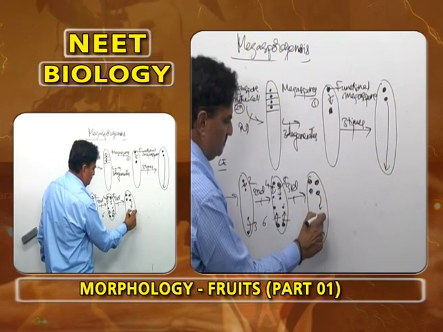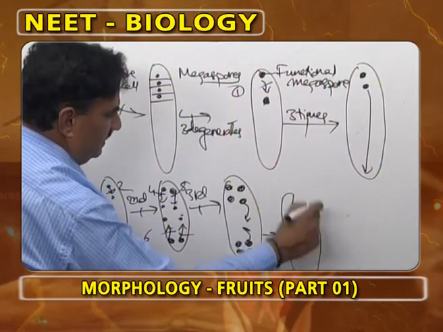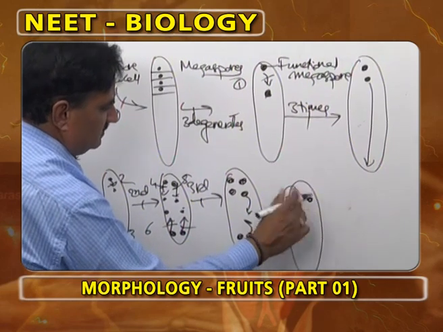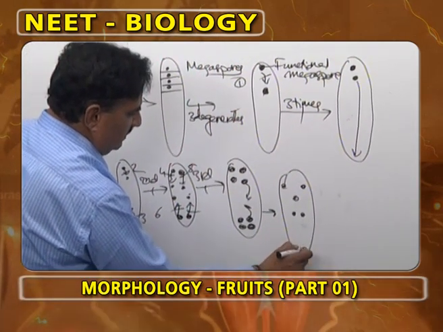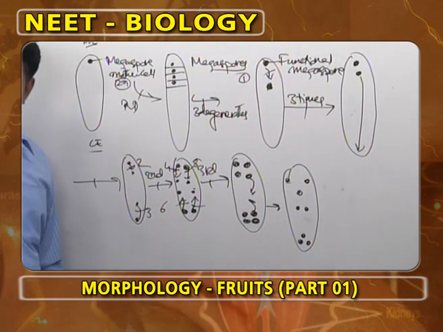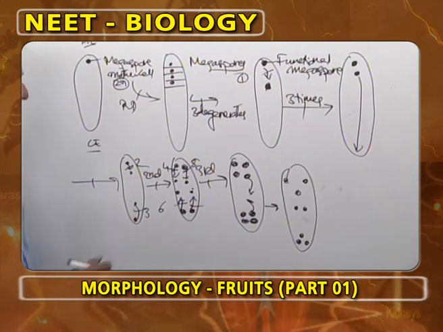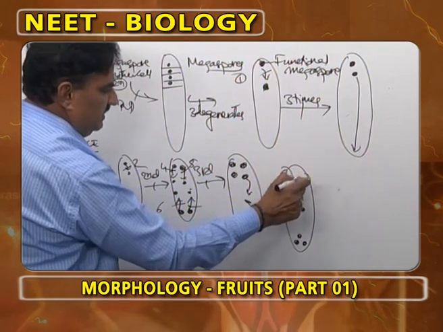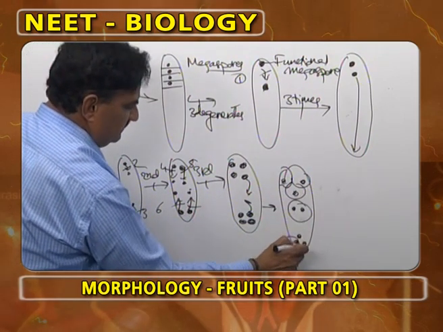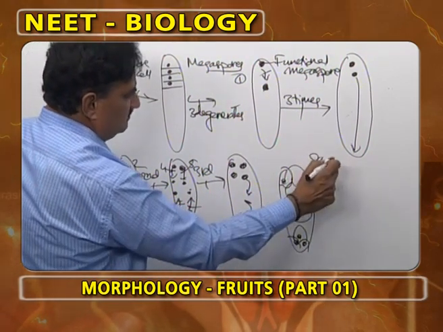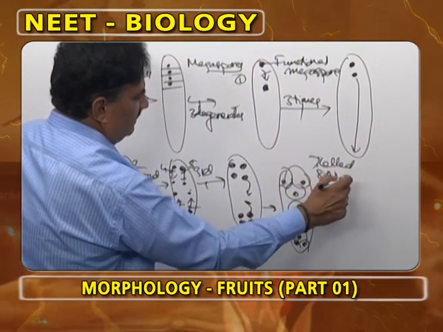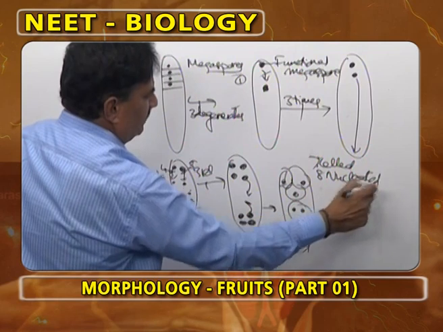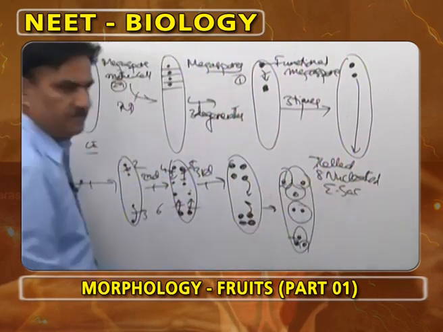Of these, one comes to the center and ultimately the arrangement will be 3 plus 2 plus 3. Till now, free nuclear divisions take place without any cytoplasmic division. Now, cytoplasmic division takes place and cells are formed. This will form an 8-nucleated, 7-celled embryo sac or female gametophyte.